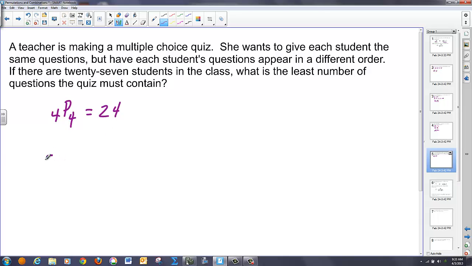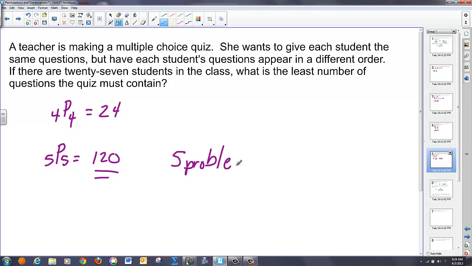Now, if we took 5 different problems and arranged all 5 of them in different methods, we would end up with 120 different arrangements. So this would be more than enough ways to arrange those 5 problems so that the 27 kids in the class could get different tests. So what we'd want is a total of 5 problems.